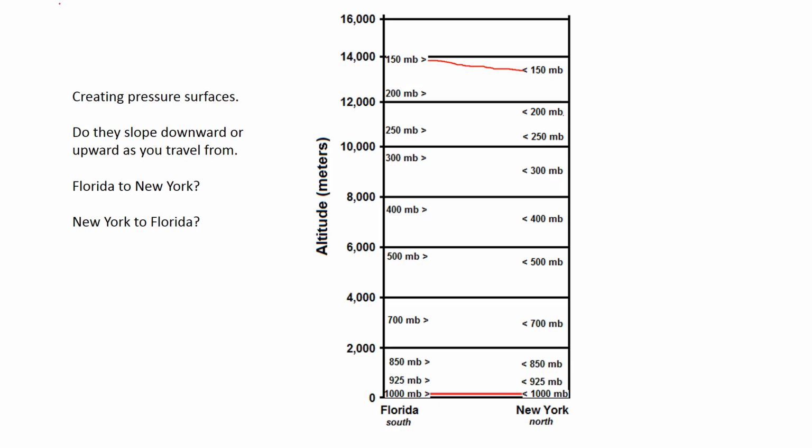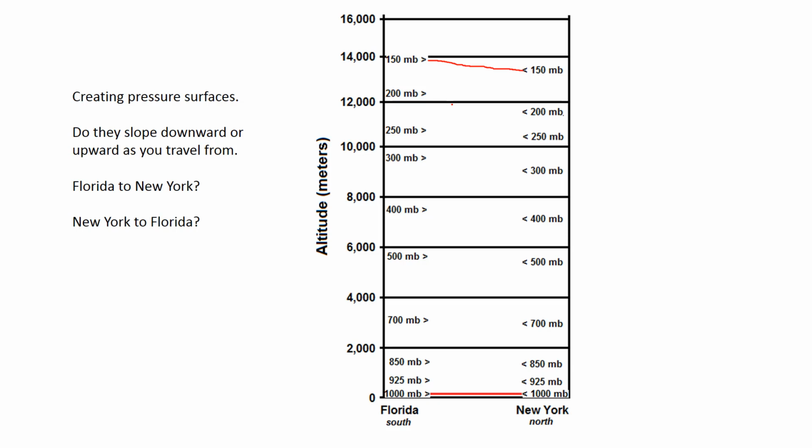Now, if you were to, let's say, travel at a given elevation, so let's say here at 12,000 meters. If I were to fly from Florida to New York, what actually would happen is over Florida, my air pressure is higher than 200 millibars, so I'm below the 200 millibar surface.